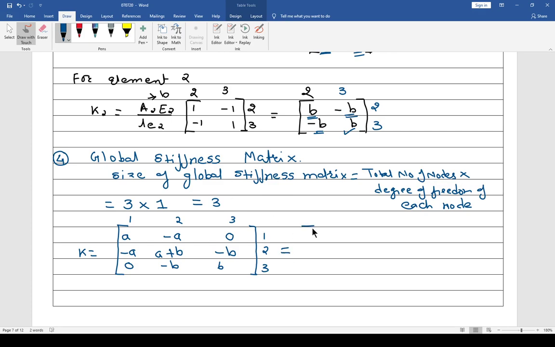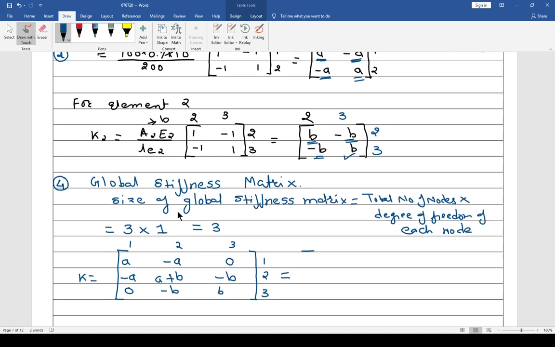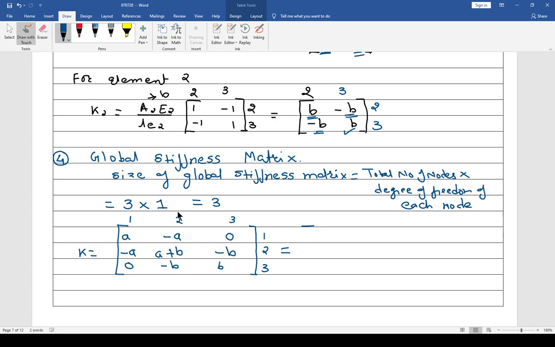Now to simplify this calculation, this 10 raised to the power 5 will be common to both the values of A and B. So while preparing this, I could take out 10 raised to the power 5 common.